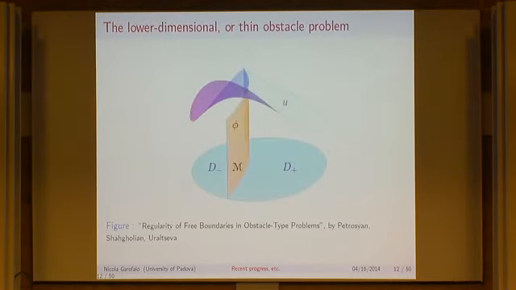Anyhow, that's a picture for the Signorini problem. We have a manifold M defined in the domain D, and we have an obstacle defined on the manifold M. The solution has to lie over the obstacle, like in this picture here. This is a natural problem that arises in elasticity.